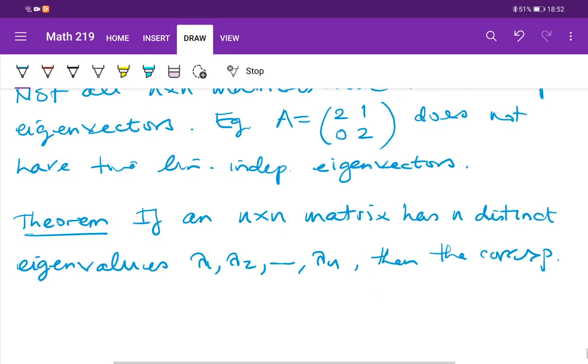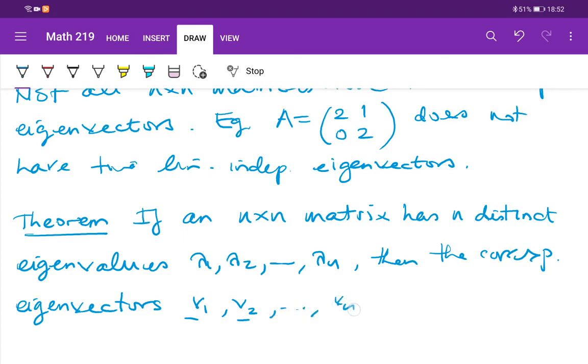Pick a non-zero eigenvector for each eigenvalue, then the corresponding eigenvectors will be linearly independent.